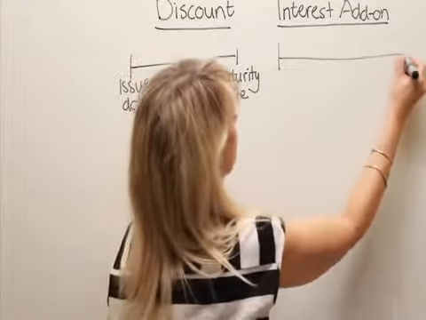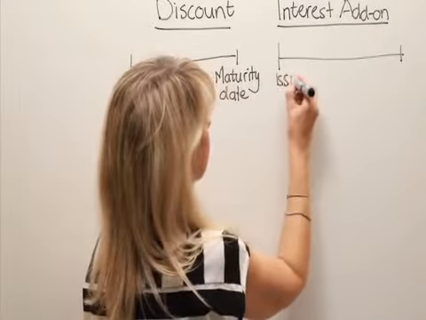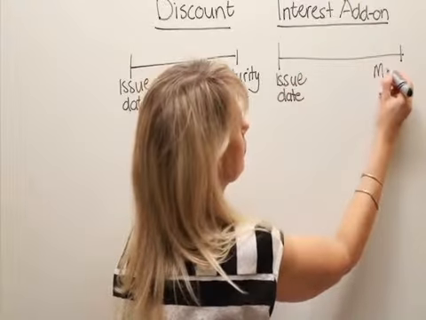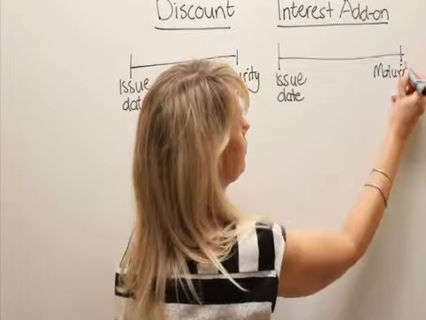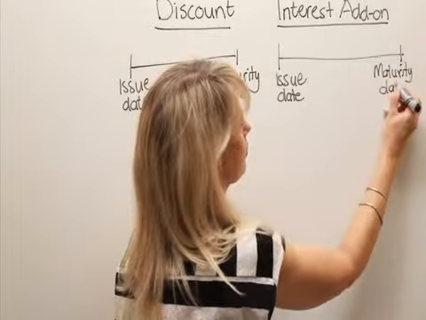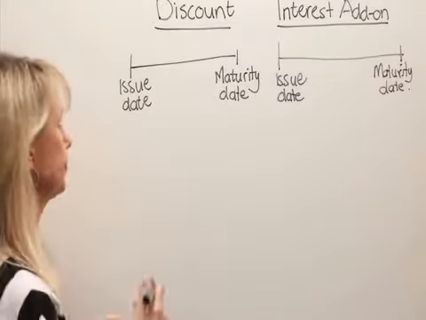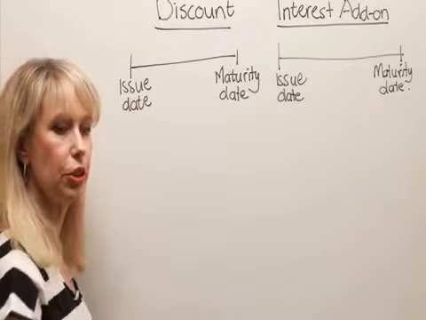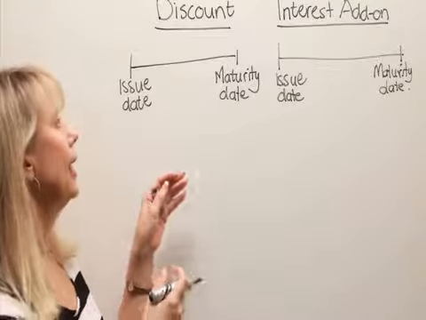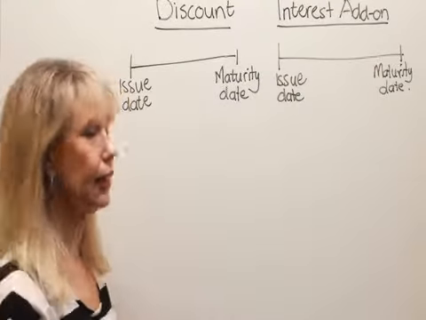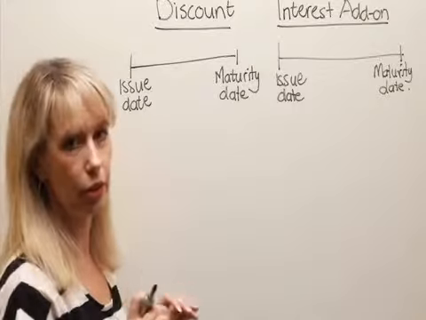So that's going to apply to both of them. Right, now if we look at a discount instrument, when it is issued, you are going to pay less than the amount that you will receive on the maturity date. That is why it is a discount instrument.